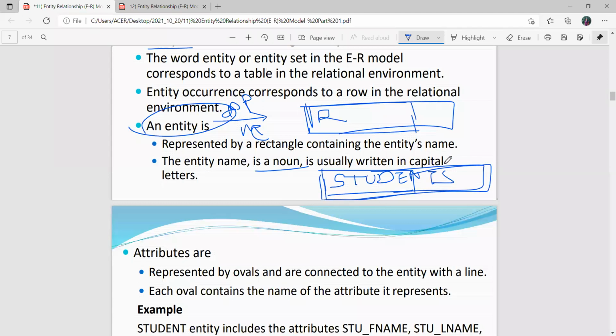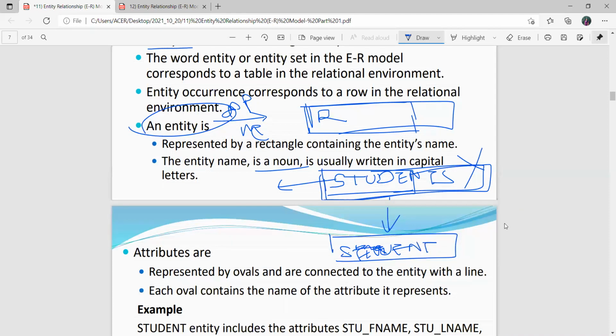No, ma'am, it is in plural. It should be singular. Yes, this is in the plural form, but this should be in a singular form. You can write it like student, like this.